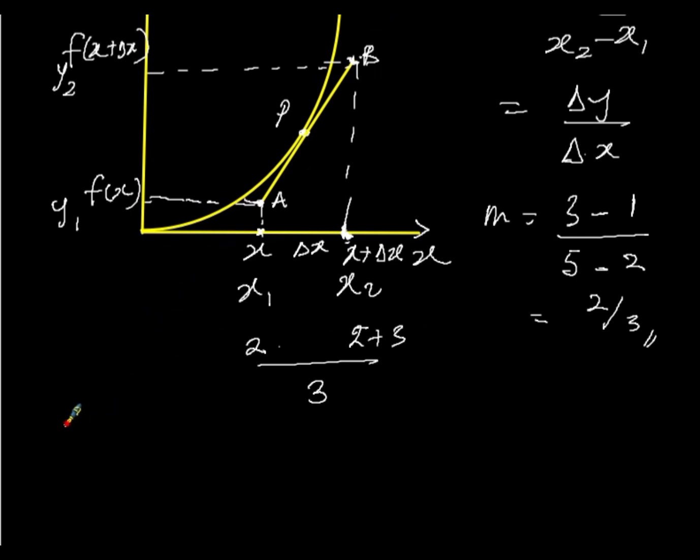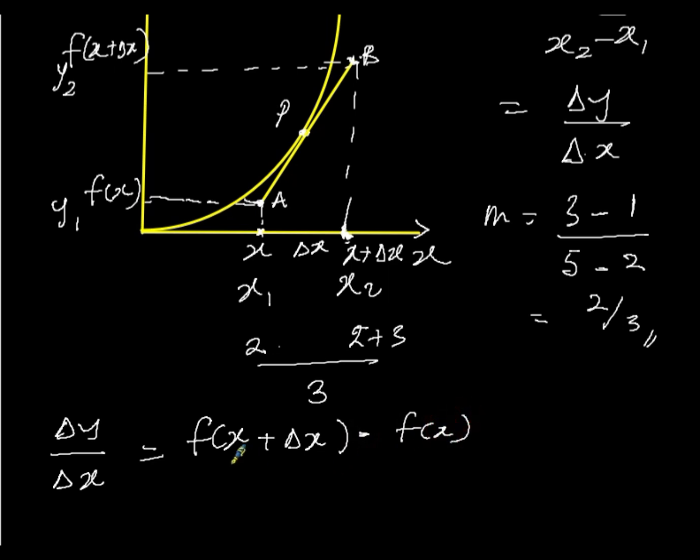So we can say that change in y over change in x, which is the gradient, remember m is given as change in y over change in x, will be equal to y2 minus y1. So what is y2 in this case? Y2 is f of x plus change in x, minus y1, which is f of x, all over x2 minus x1.